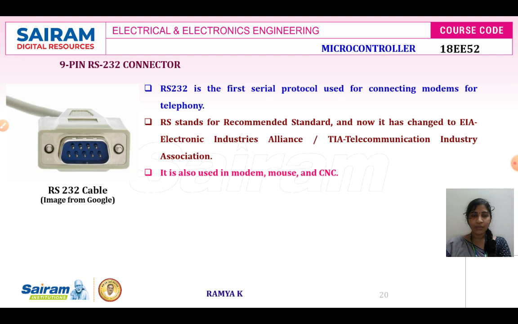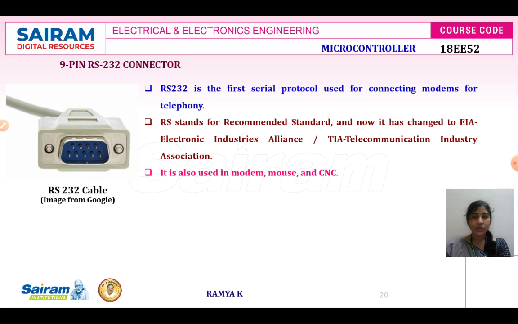CNC is nothing but computer numeric control machines, a machine that is controlled by a computer. So we need to interface that computer with the mechanical device, and for that RS-232 is used.